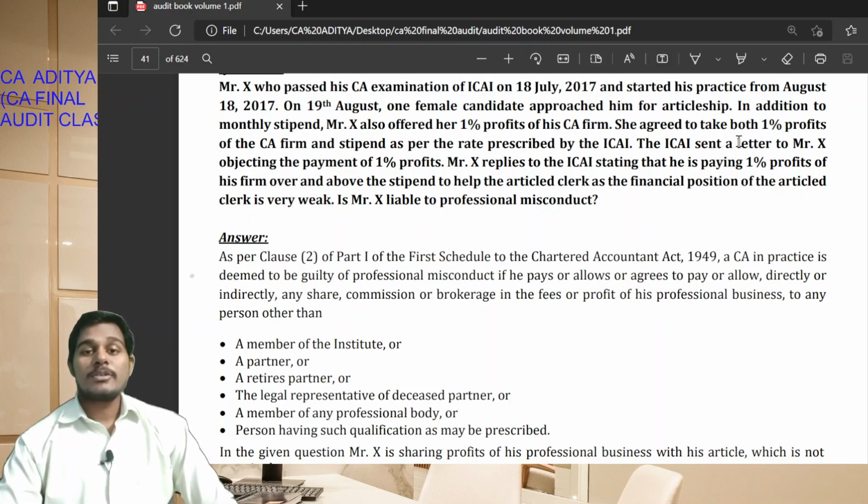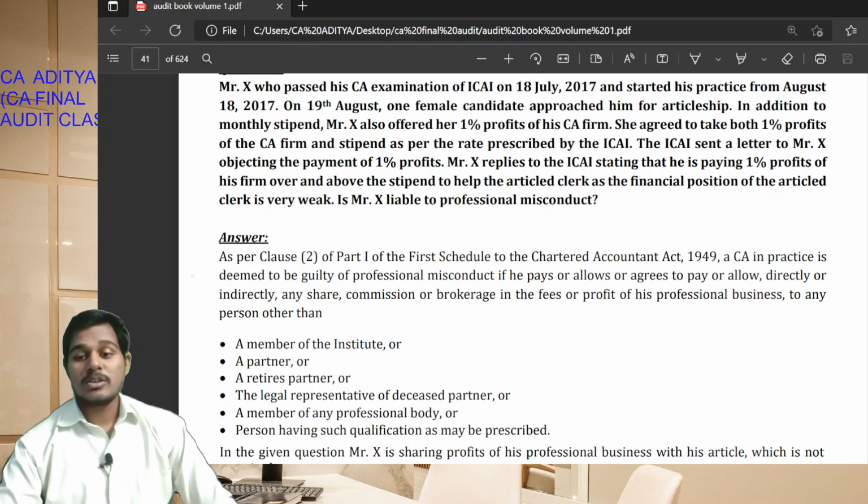She agreed to take both 1% of the profits of the CA firm and the stipend as per the rate prescribed by the ICAI. The ICAI sent a letter to Mr. X objecting to the payment of 1% of profits. Mr. X replied to the ICAI stating that he is paying 1% of the profits of his firm over and above the stipend to help the article student, as the financial position of the article clerk is very weak. Is Mr. X liable for professional misconduct?